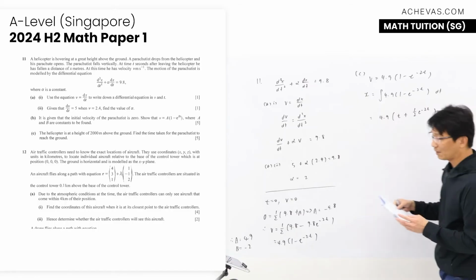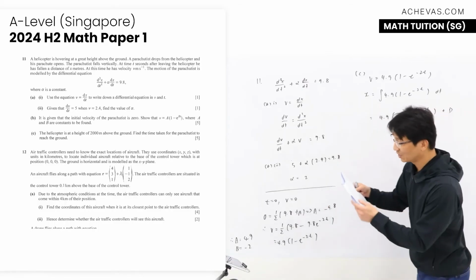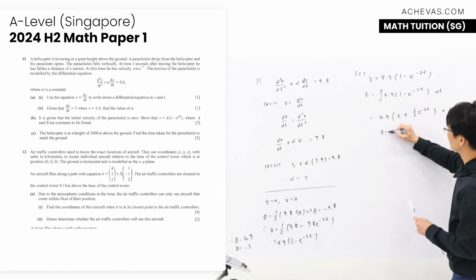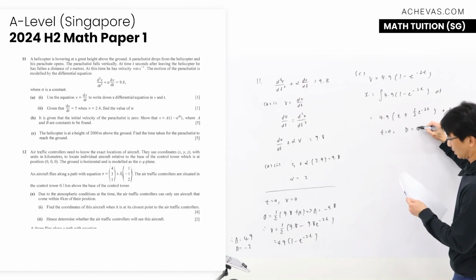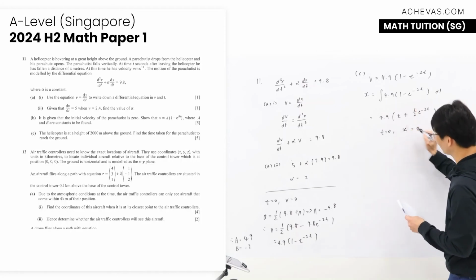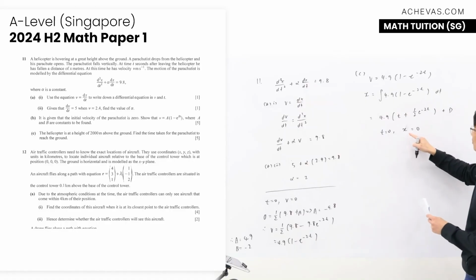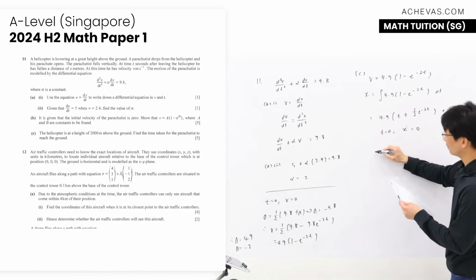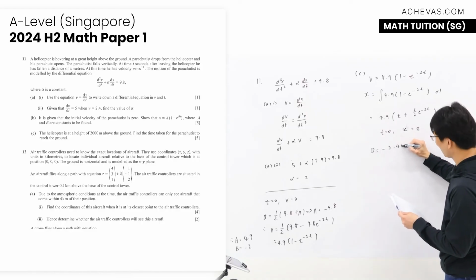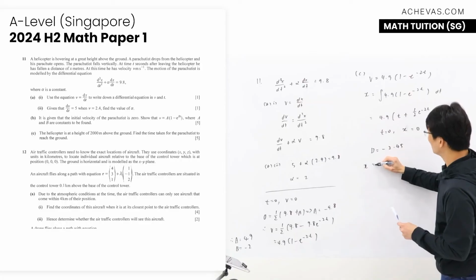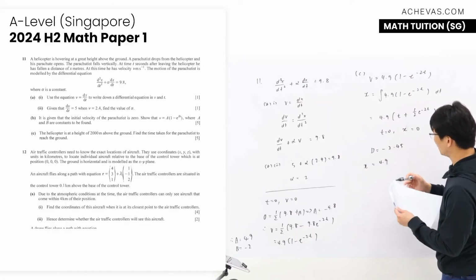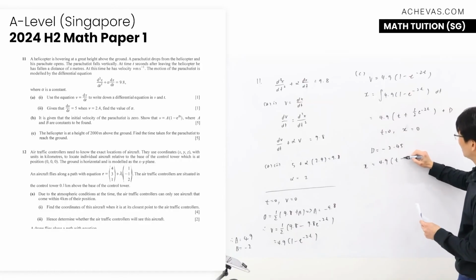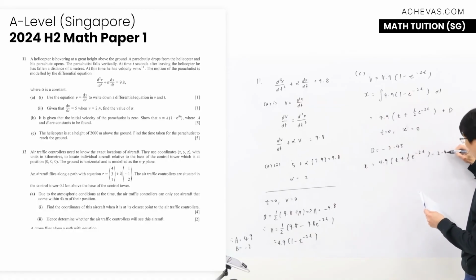And we also know that when t equals 0, the distance actually is equal to 0. T equal to 0, distance will be x equal to 0. So by putting this value into this expression for my displacement, I can solve d equal to minus 2.45. Therefore, my particular solution for my displacement will just be x equal to 4.9 t plus half e to the power of minus 2t minus 2.45.